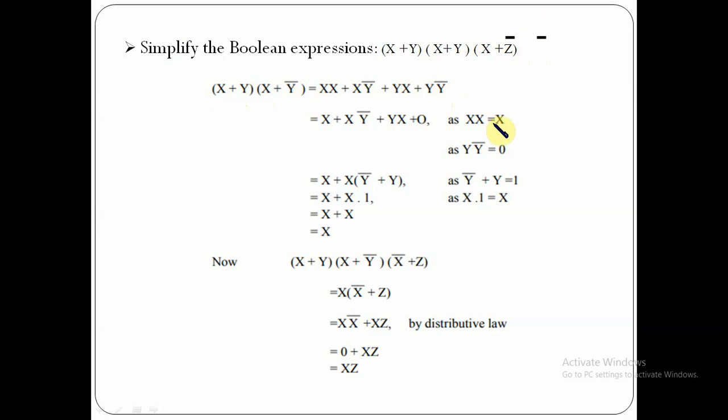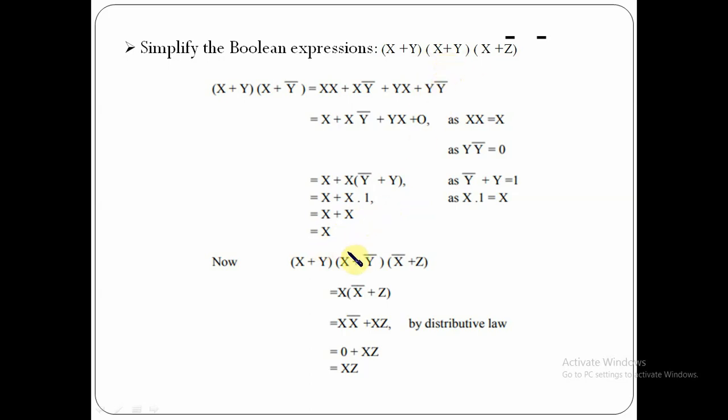Then applying X X means X, that is the idempotent law, what remains is X, X Y bar, Y X, and Y Y bar will be 0. Taking the common term X from here, Y bar plus Y is 1, what remains is X plus X, that is X. This is the reduced equation for the first two brackets.